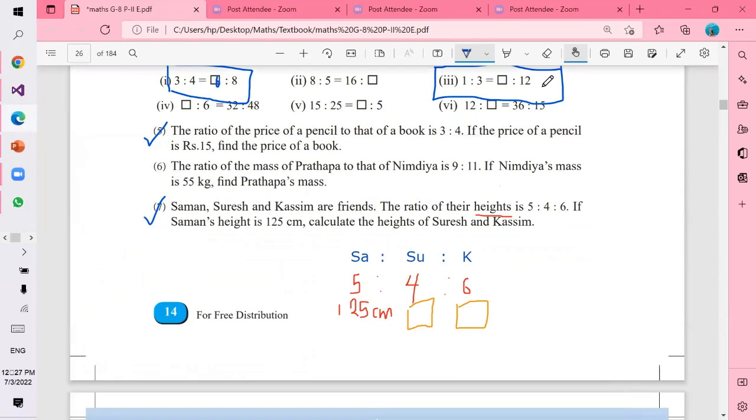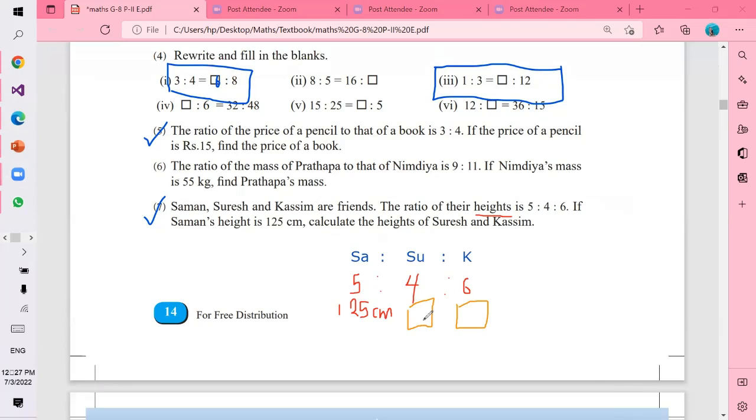Yes. What is the answer? Suresh's height is 100 centimeters. Sorry, can you repeat the answer? Suresh is 100 centimeters. Okay. And Kasim is 150 centimeters. Okay, let's check.